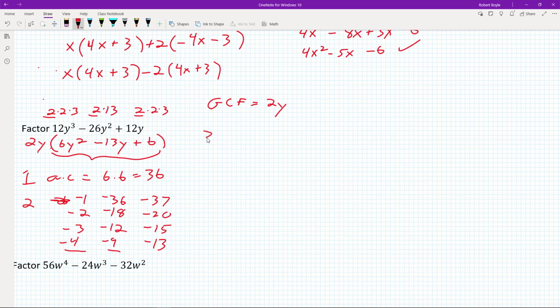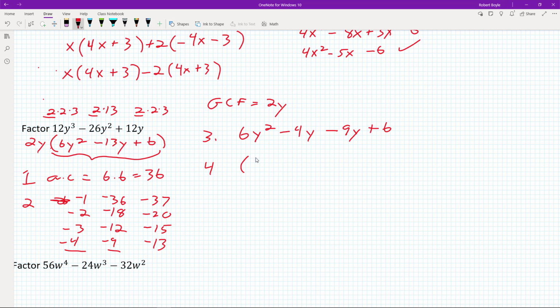So for step 3, we can replace the negative 13 with negative 4 plus negative 9. And that will give us 6y squared minus 4y minus 9y plus 6. Okay, great. Now we can actually factor by grouping. So here we can group these two together because they have a common factor, and we can group these two together.